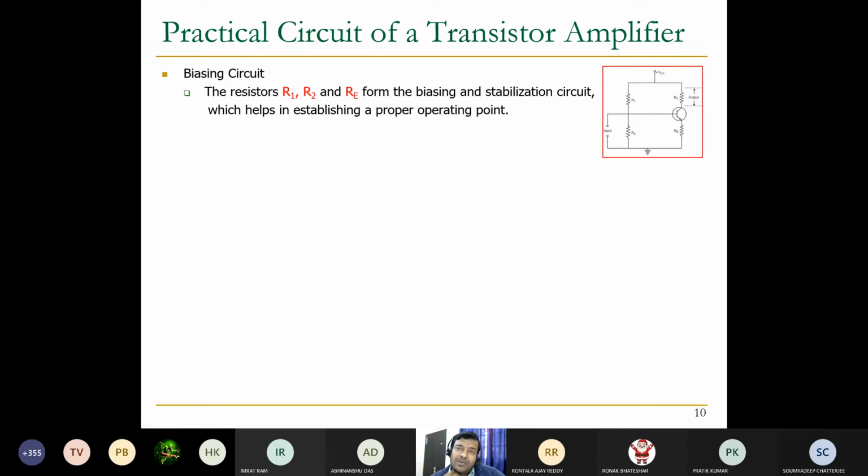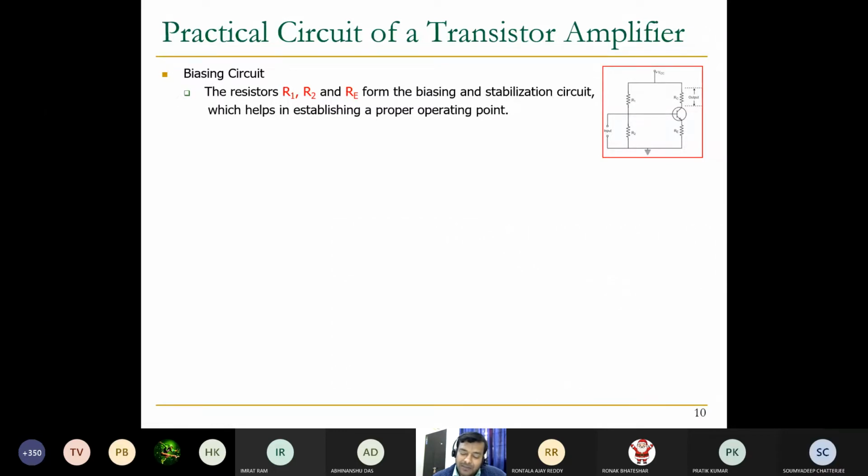We have to operate our device at a particular operating voltage, and for that we are adding extra components, R1, R2 and RE, for the stability issues.